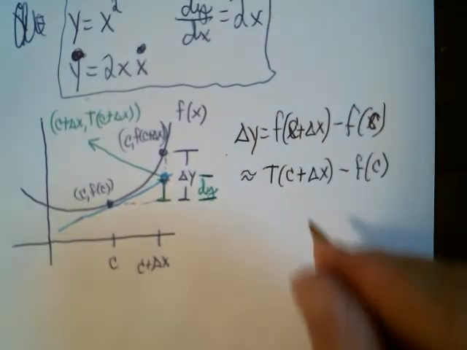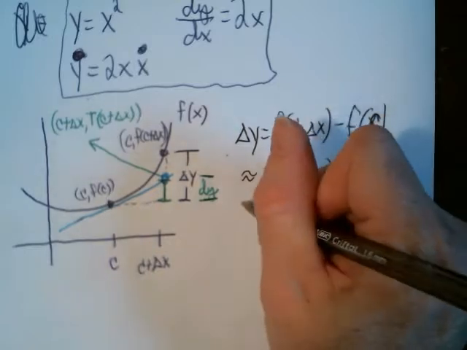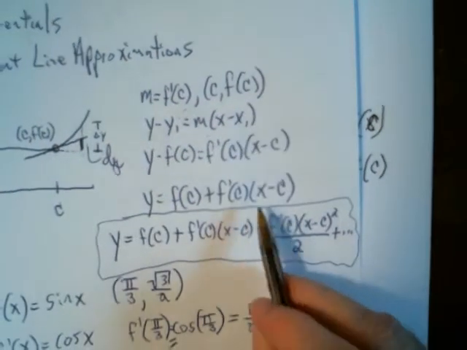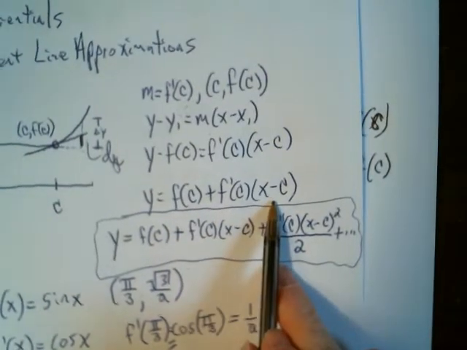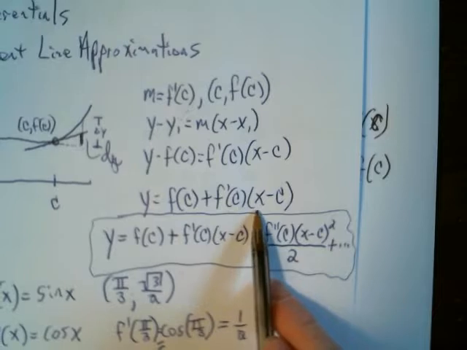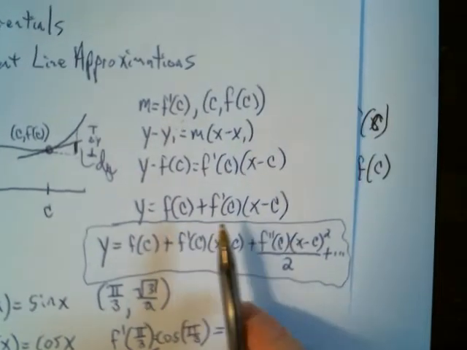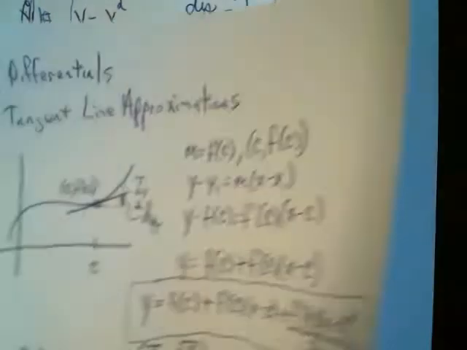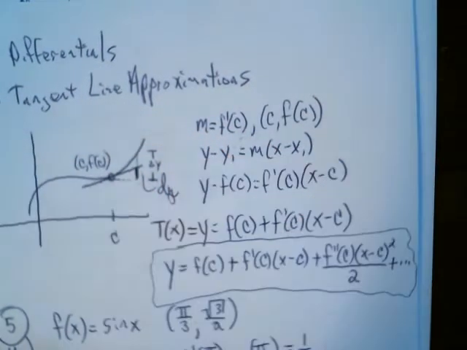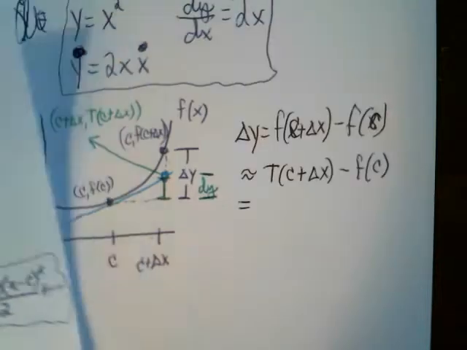So what is this thing exactly then? If I go back to my previous definition, I can substitute c plus change in x wherever I see an x, and then rewrite the tangent line formula. So this y here is actually the t of x formula we're dealing with.